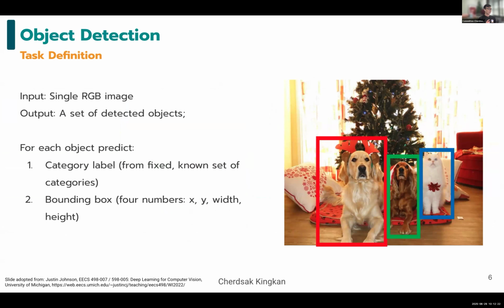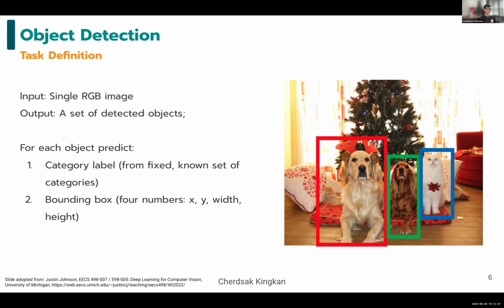First, we want to predict category labels from a fixed set of known categories. For example, in our data set, we want to detect the cat, the dog, the elephant, the pig, the bird. So these are the fixed set of categories that we want to predict.